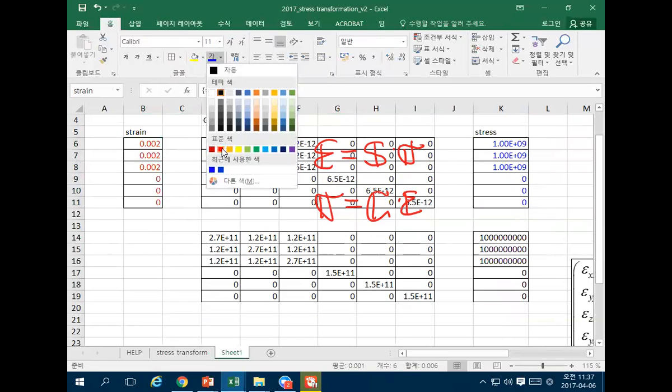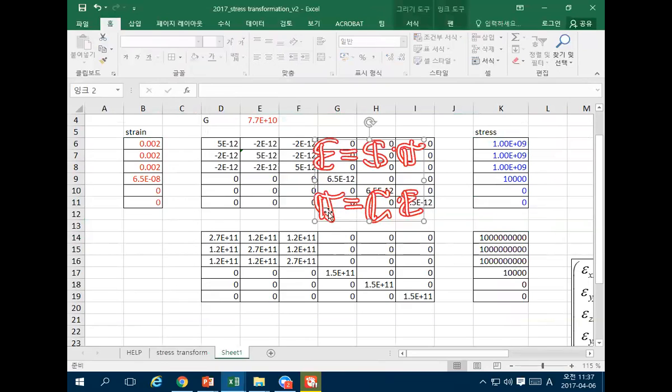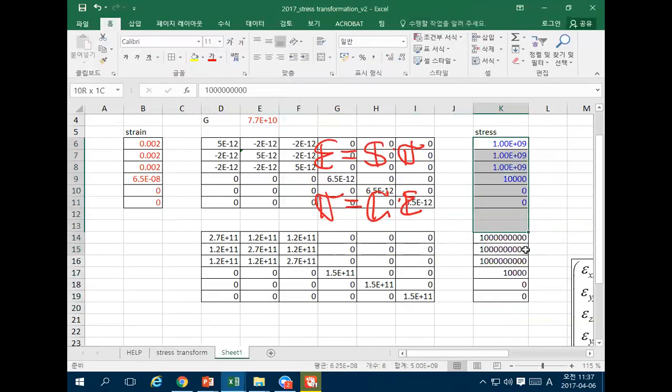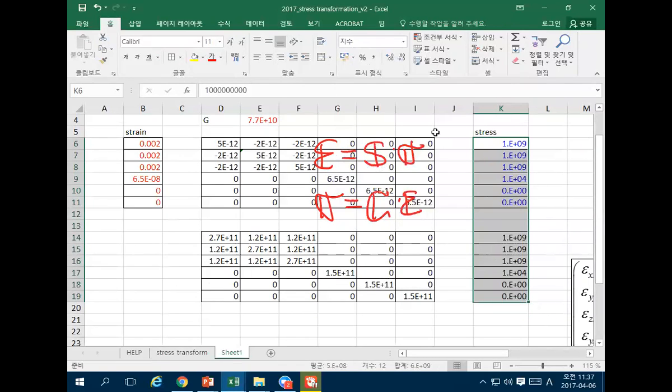Output. I will call red. So whatever value we have, that much strain. And from this strain, we multiply C and recalculate the sigma. Of course, they should be the same, right? Of course, they should be the same. And as you can see that.